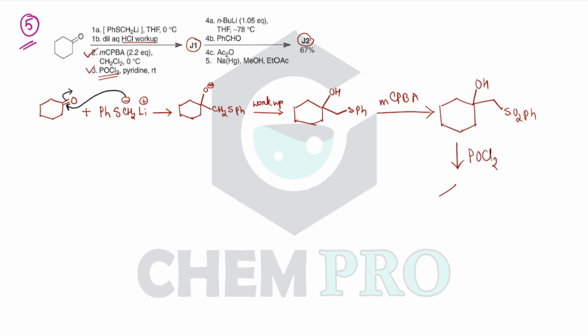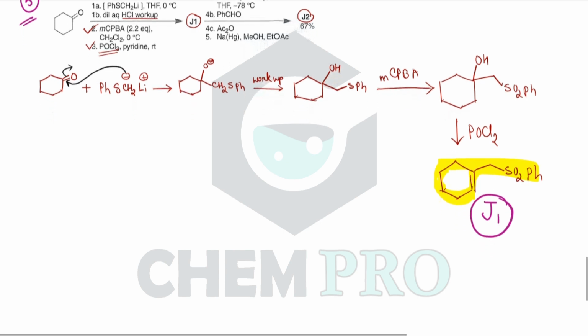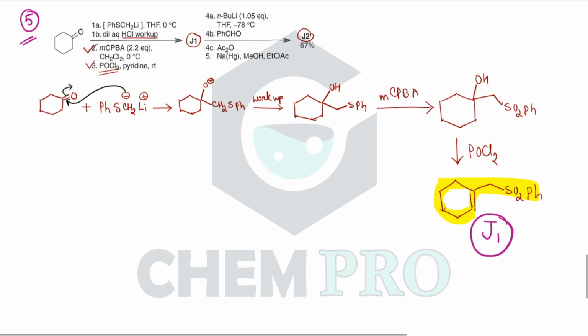So from this we have a double bond and SO2Ph. So we can just say that this moiety is known to us, and this is the substrate for the Julia olefination. So this is our J1. This is our J1.